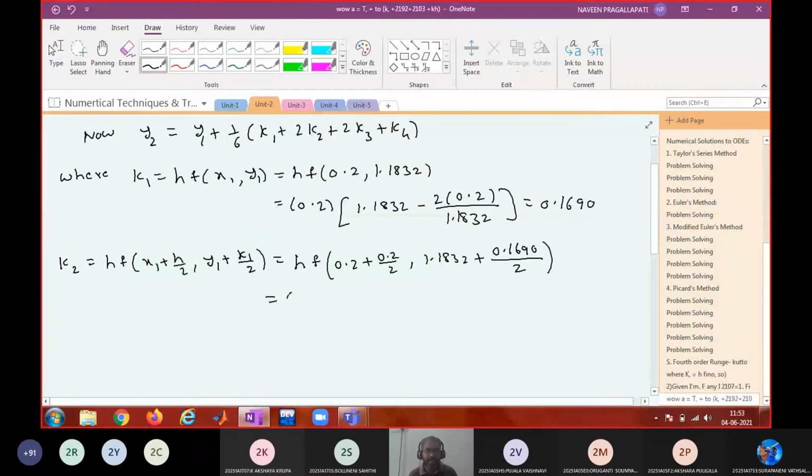So this is 0.2 into f of 0.3 comma, take this sum, 1.1832 plus 0.0845.